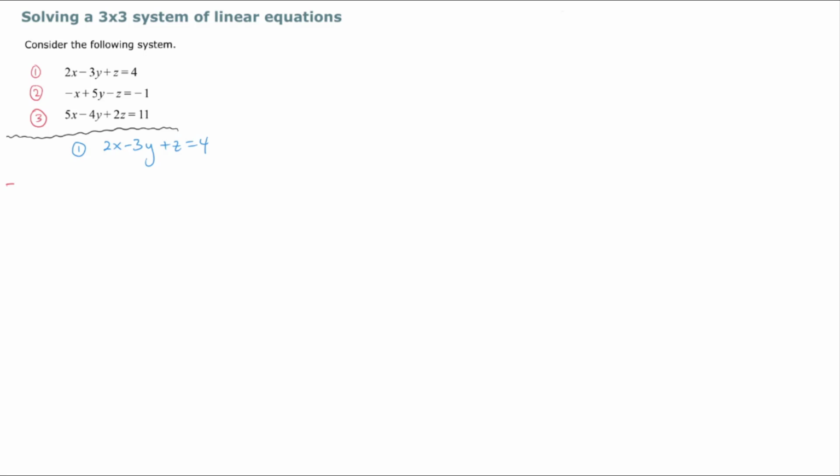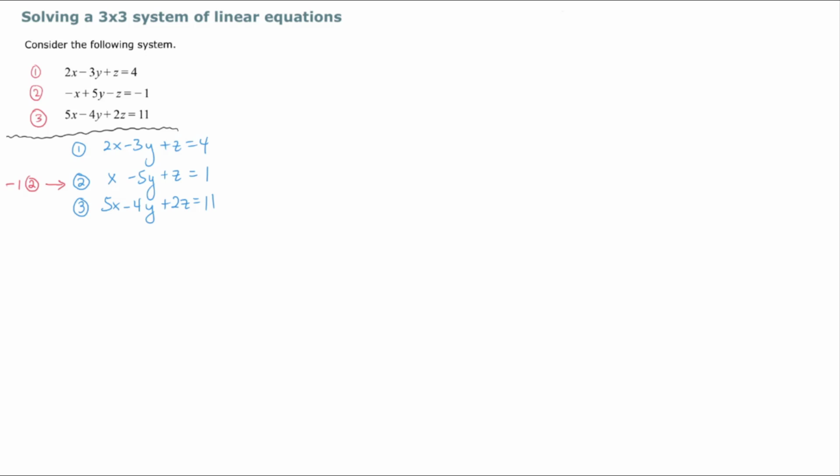That means I'm going to multiply both sides of equation 2 by negative 1, and we're going to store this as the new equation 2. If I do that, I get x minus 5y plus z is equal to 1. I'm also going to keep my original equation 3. So equation 3 doesn't change either. It's simply going to be 5x minus 4y plus 2z is equal to 11.